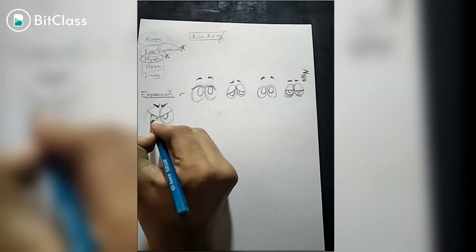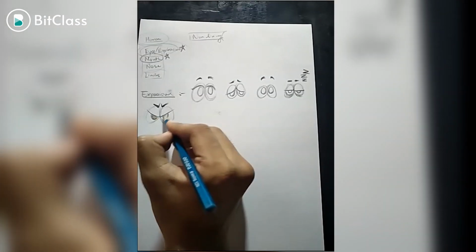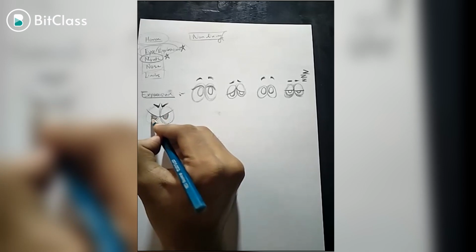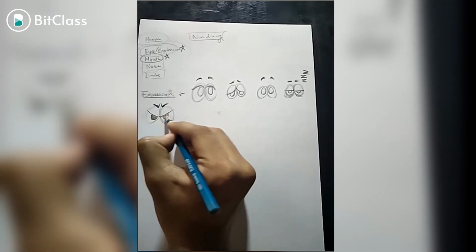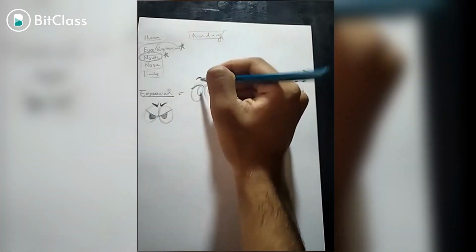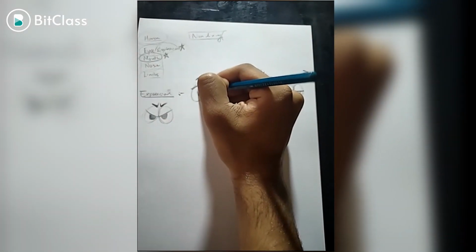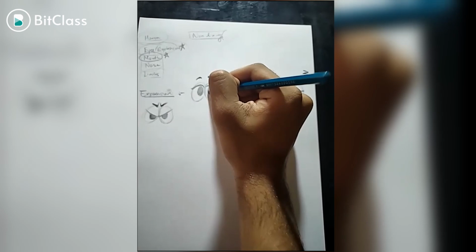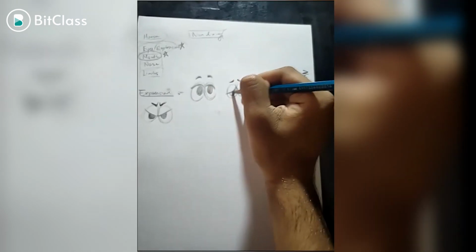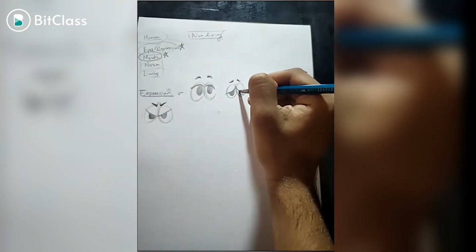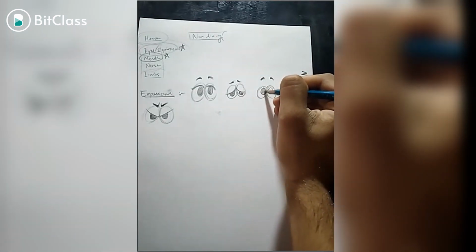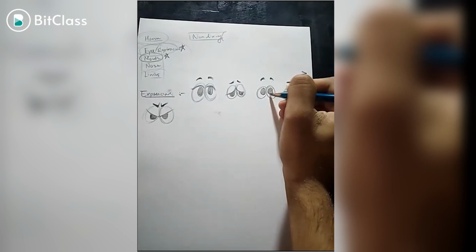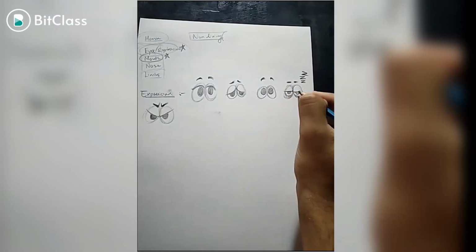See, these are very basic expressions, and that's all we need to create any basic cartoon. I believe these are almost all the basic expressions that we as humans show or react with in any situation. So why not the cartoon? I'll just fill up all the eyeballs.